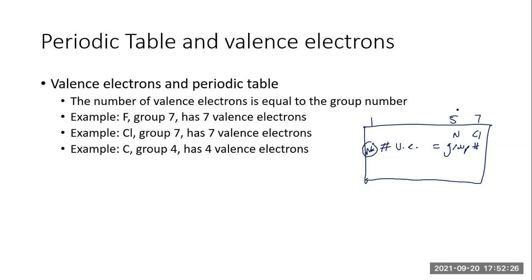But again, you could write out the electron configuration and take the ones that are in the highest energy level. One thing that's a little bit different is the transition metals.